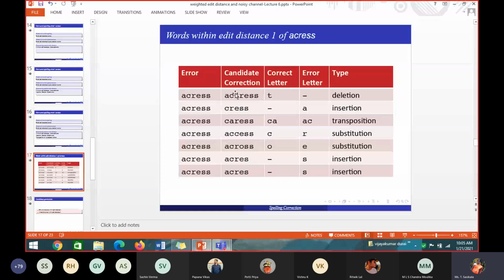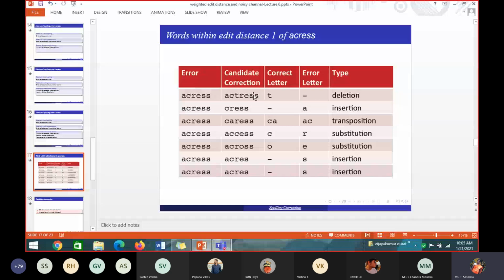So what operation is done here? What is the type? Deletion. So T in the correct word. This is my error word, "acress". My possible candidate words: the first candidate word I am taking is actress. If I want to move from the correct word to an incorrect word, what change do I have to make?